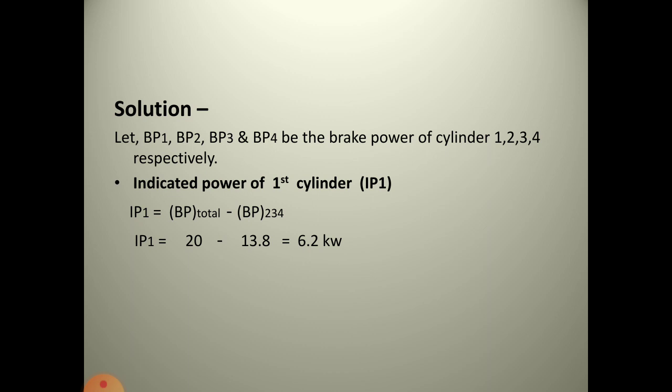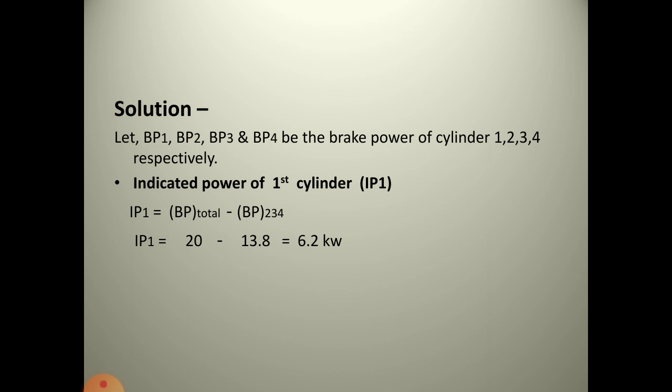So the indicated power of the first cylinder is equal to the total brake power minus the brake power produced by cylinders 2, 3, 4. The total brake power of the engine is given as 20 here, and the brake power produced by cylinders 2, 3 and 4 is 13.8.